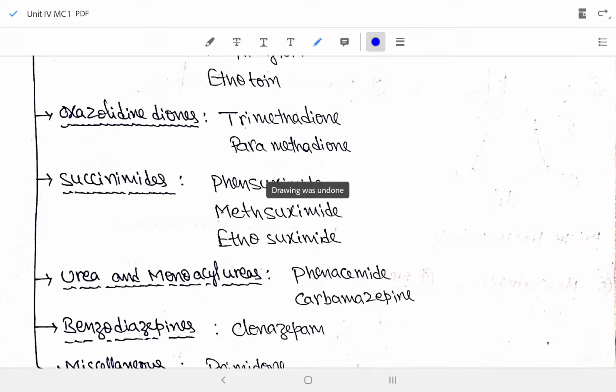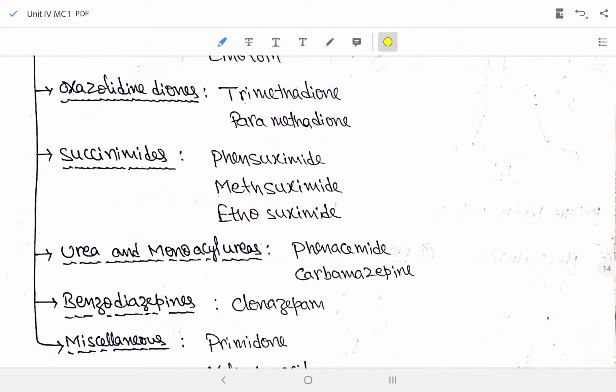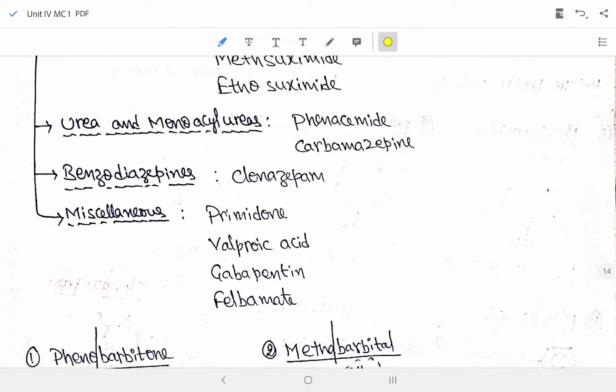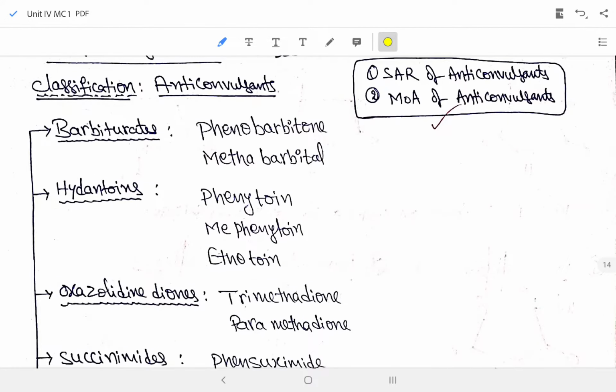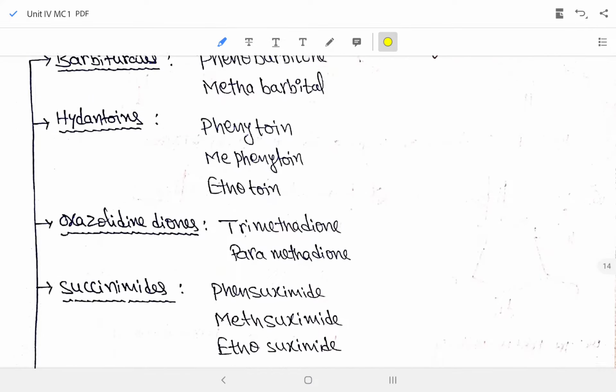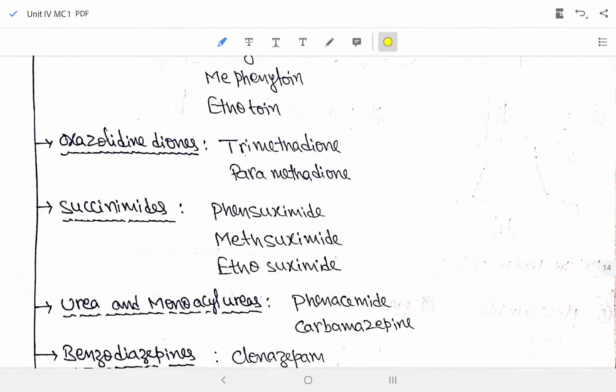So let us see the classification. Classification includes barbiturates, hydantoins, oxazolidinediones, succinimides, urea and monoacyl ureas, benzodiazepines, and miscellaneous agents. What are the examples for barbiturates? Phenobarbital and metabarbital. Earlier we saw them in sedatives. They can be used as anticonvulsants also. Hydantoins: phenytoin, very important, mephenytoin, ethotoin. Oxazolidinediones: trimethadione, paramethadione.